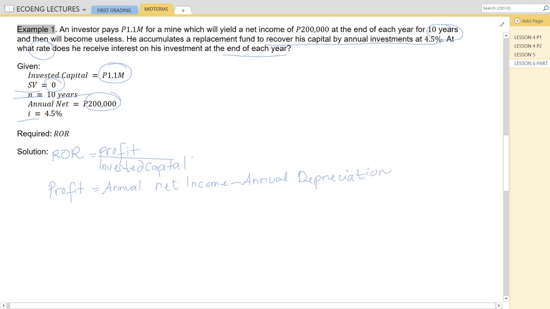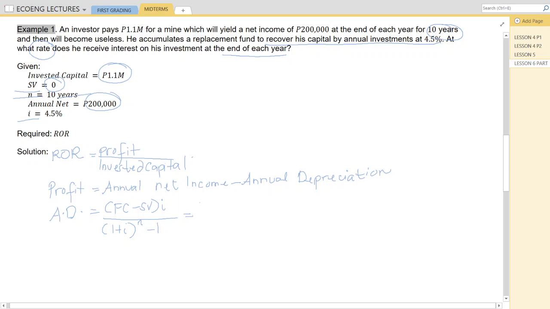And to get the annual depreciation, AD, that is equal to the first cost minus the salvage value, multiplied by the interest rate divided by 1 plus the interest rate raised to the useful life n, minus 1.